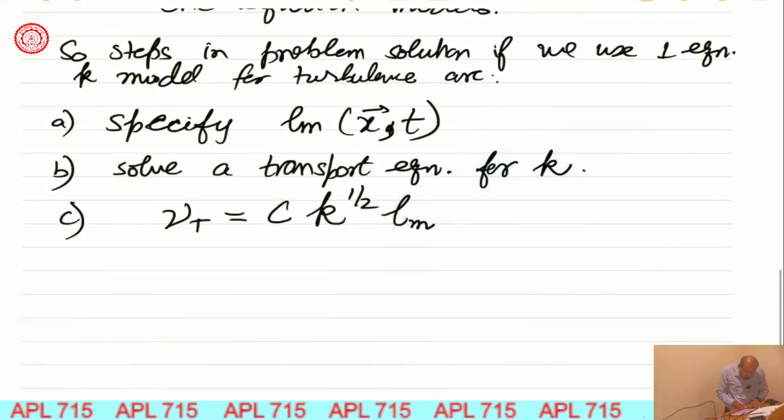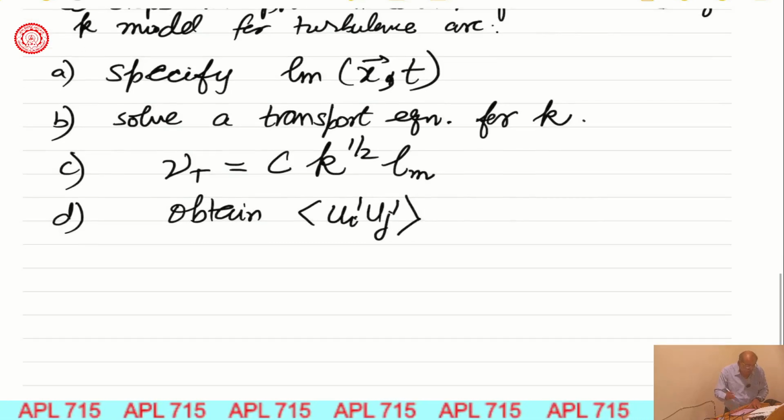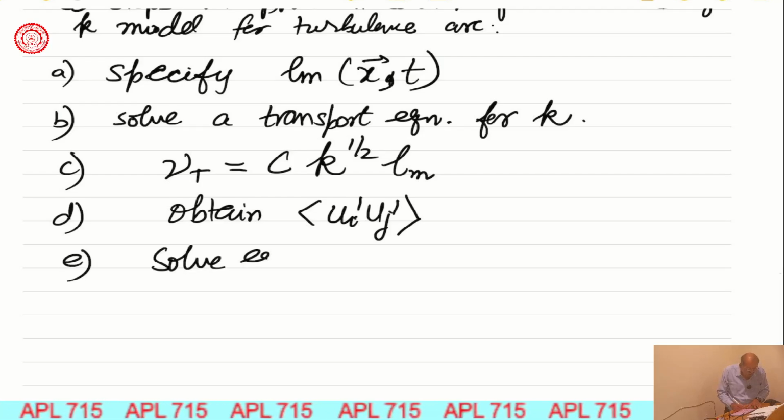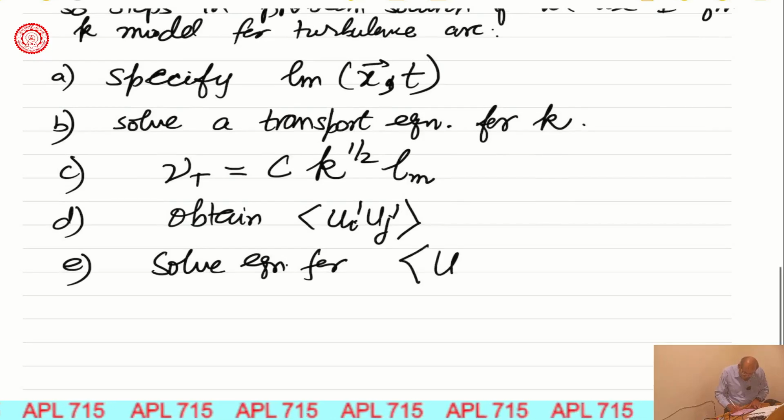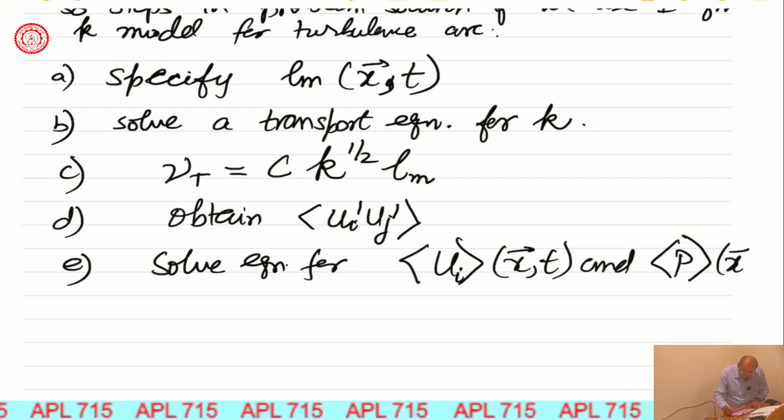Using this expression, we obtain the expression for ui prime, uj prime, and then we solve equations for mean of ui and mean of p.